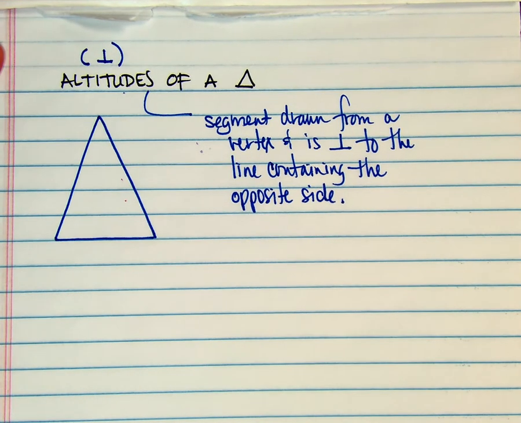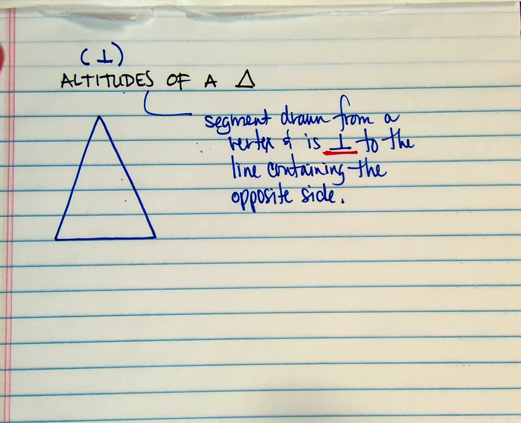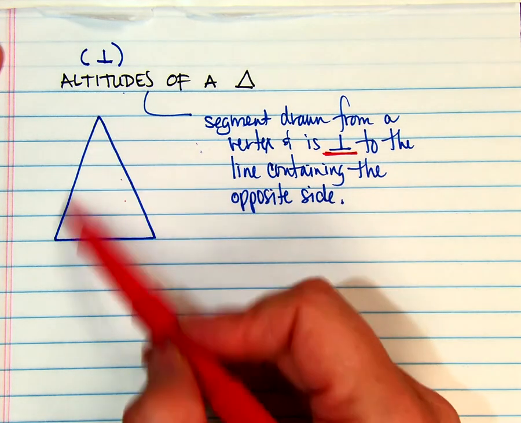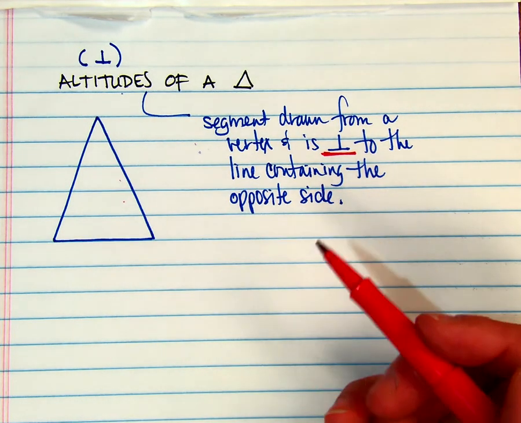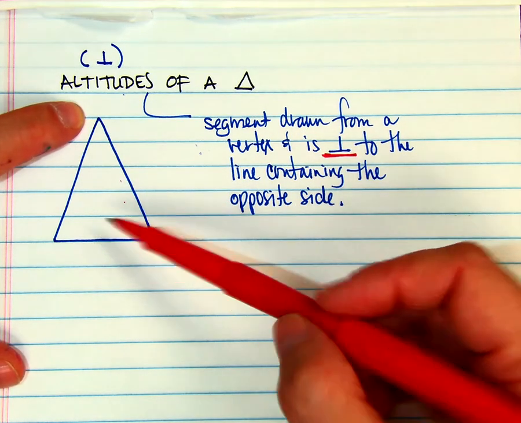Okay, so altitude definitely means perpendicular. So from a vertex, so we have 3 vertices, so you're probably going to have 3 altitudes. So from the vertex, perpendicular to the opposite side.